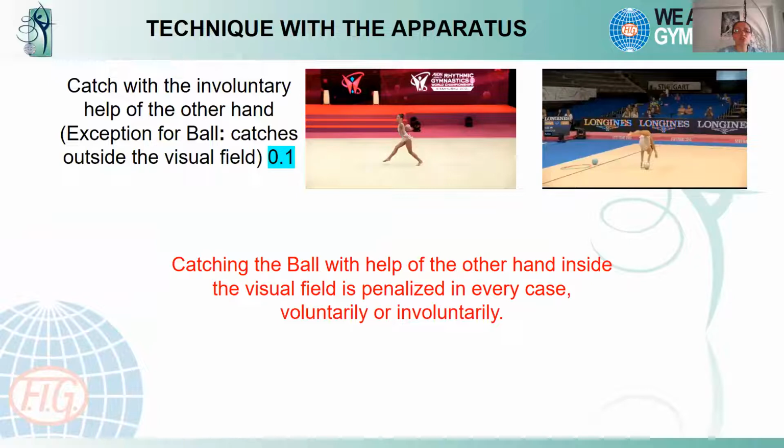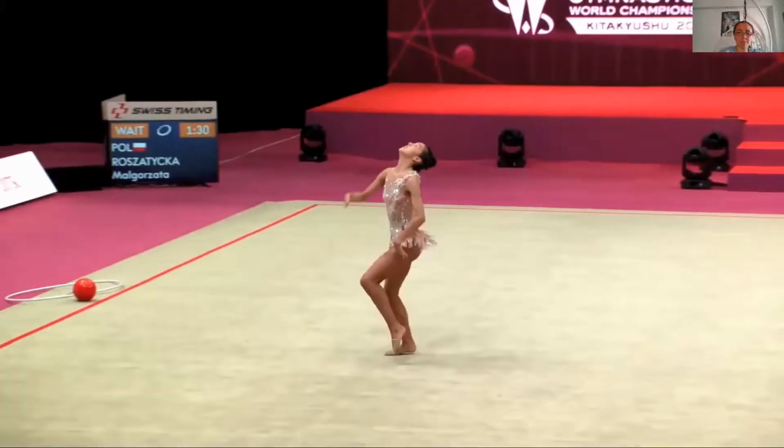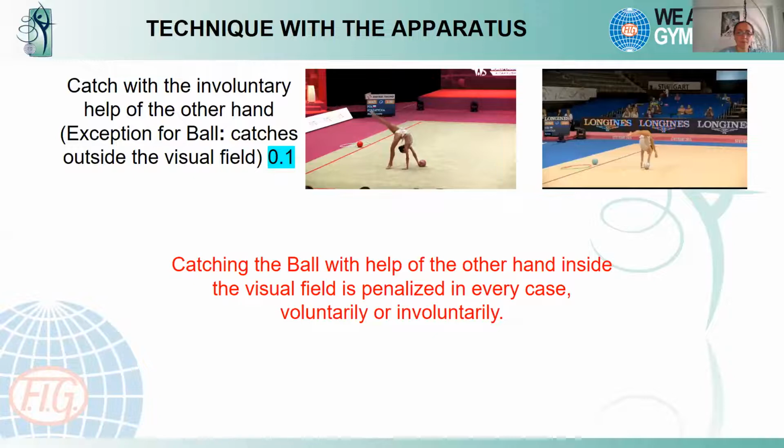Catch with the involuntary help of the other hand, exception for ball catches outside of the visual field, 0.1. Remember that catching the ball with the help of the other hand inside the visual field is penalized in every case, voluntary or involuntary. This is a catch with the help of the other hand inside the visual field, penalty.